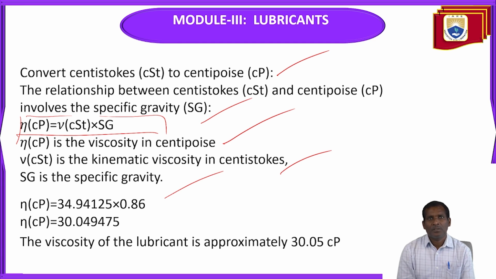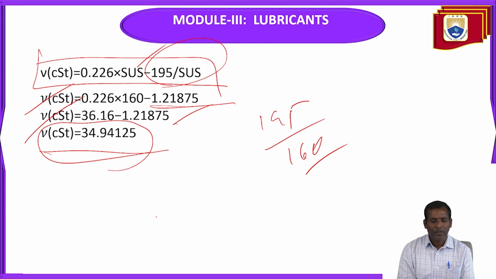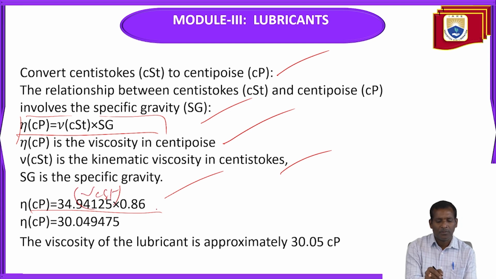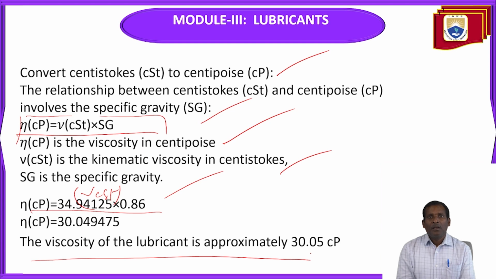Now substitute in this relationship. Already we have calculated 34.94 in the previous step. Substitute the VCST value in this equation and calculate. So the final viscosity of the lubricant is approximately 30.05 centipoise.